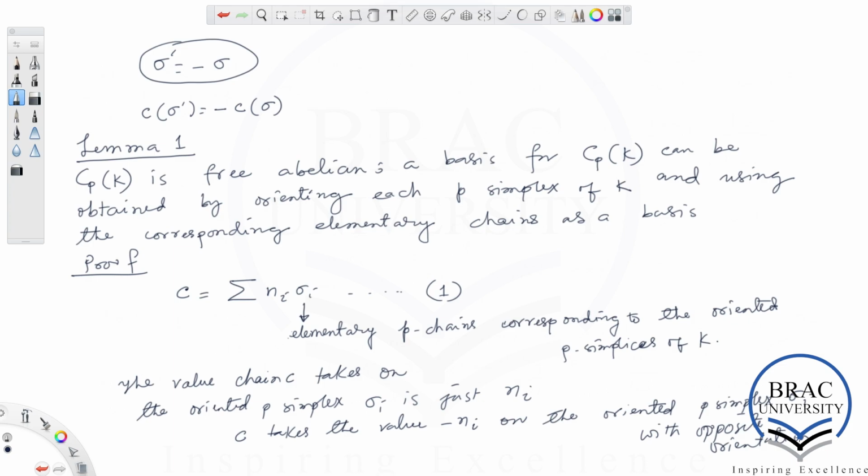Since it's a finite sum, there may be some oriented p simplices missing, and on those simplices the value of the p chain C is 0. All right, so we are done with the proof.